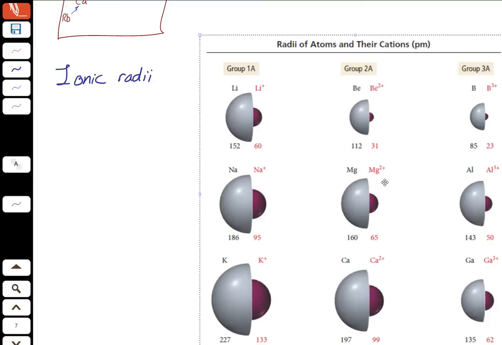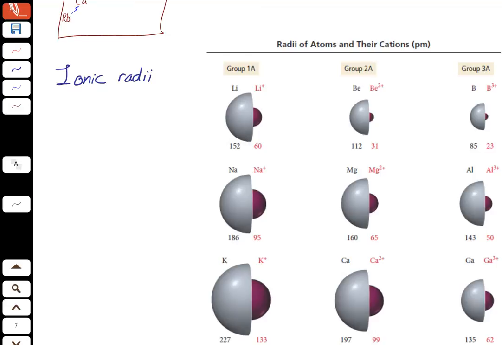So here's some atoms and their cations. You can see the large gray shell is the atom, and the smaller red shell is the cation. So like lithium, 152 picometer radius, lithium plus 60. Beryllium 112, beryllium 2 plus 31. Boron 85, boron 3 plus 23. So it gets much, much, much smaller.